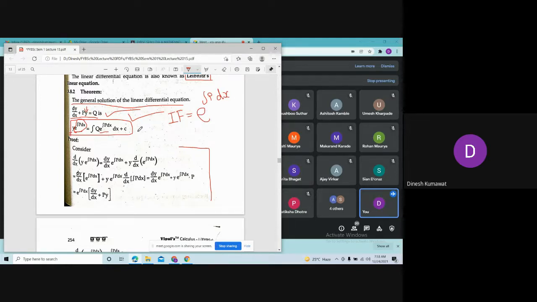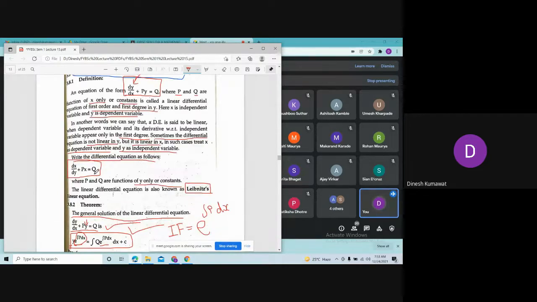And whenever we are in this situation, then our integrating factor is nothing but, can anybody tell me? e to the power integration p dy. So this is my integrating factor for this dx by dy plus px is equals to q. Now let us try to understand this using some examples.